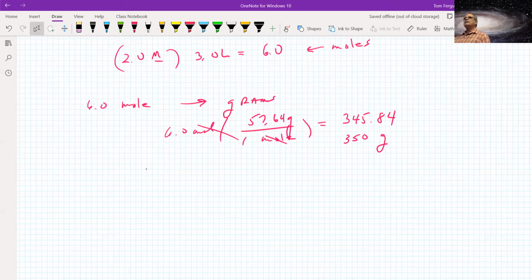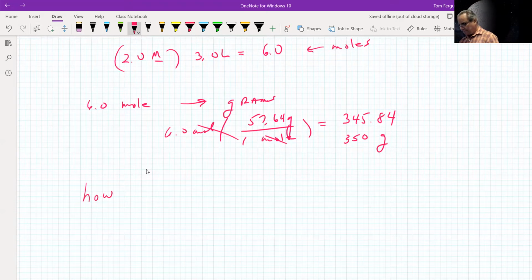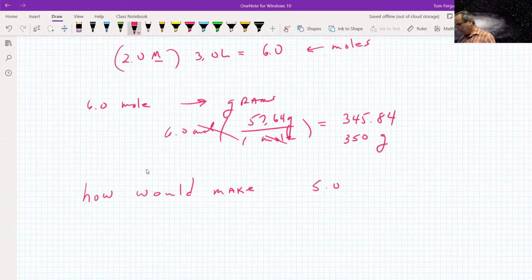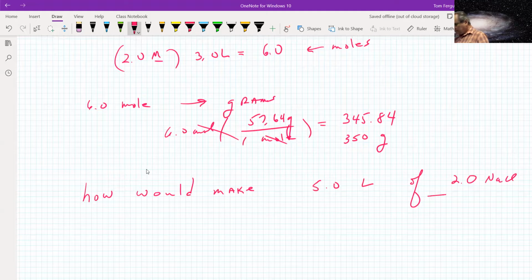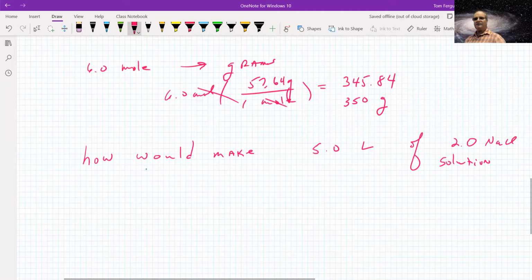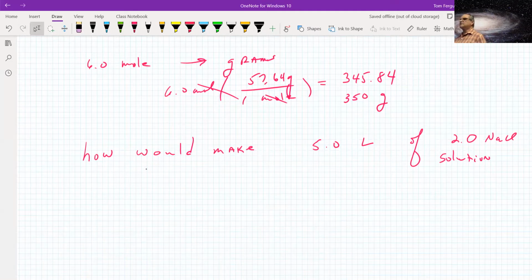Okay, let's do directions. How would you make 5 liters of 2.0 molar sodium chloride solution?